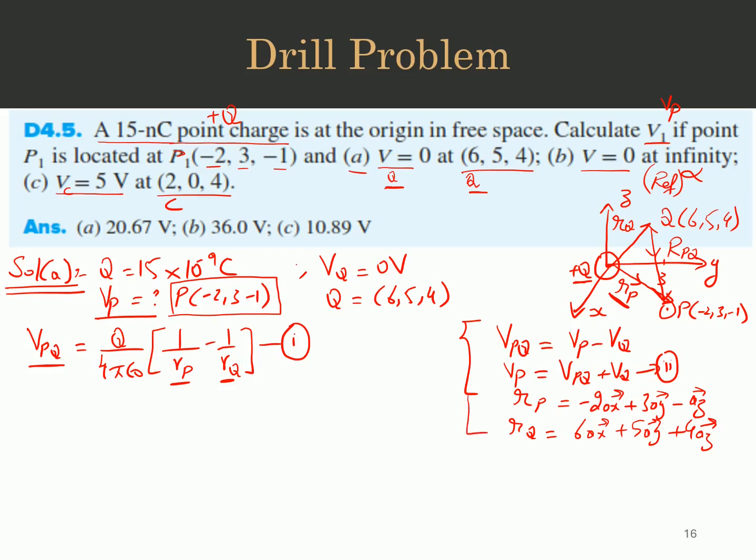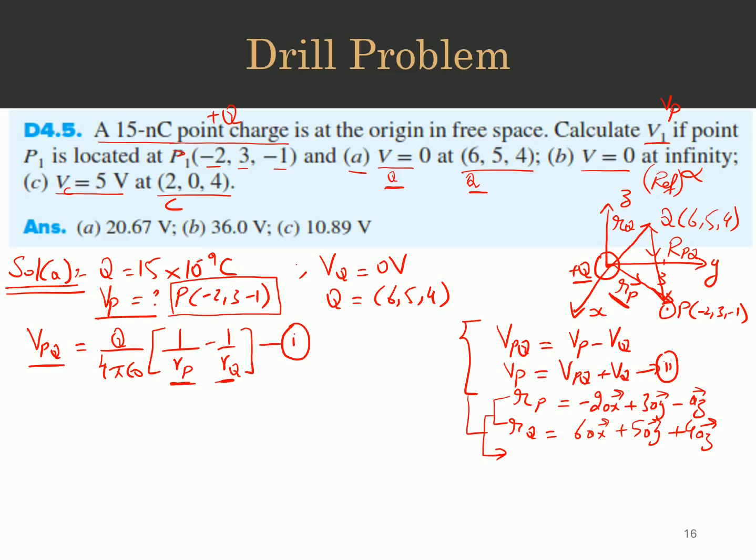Now let's put everything inside the equation, but we know that potential difference is a scalar quantity. So we can do one more step: we can convert Rp and Rq into their absolute values, or find their magnitudes.